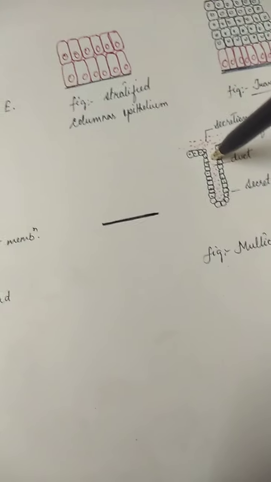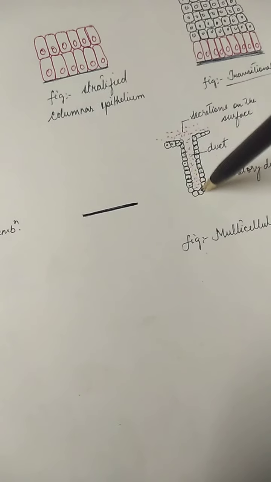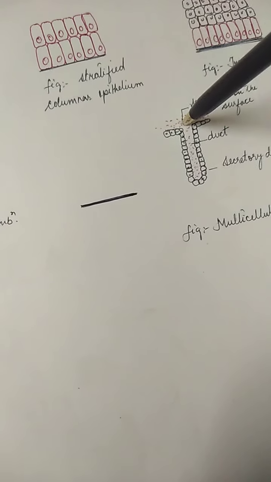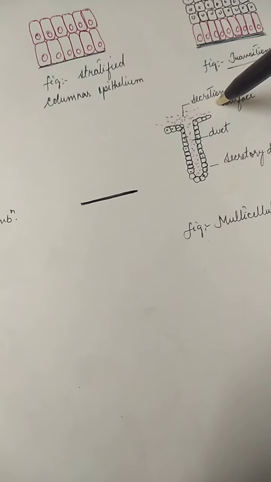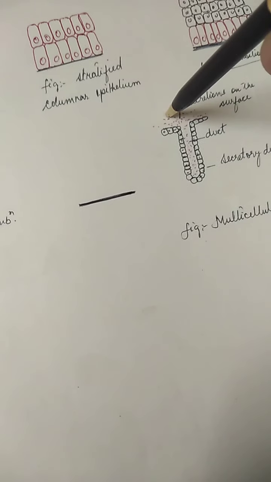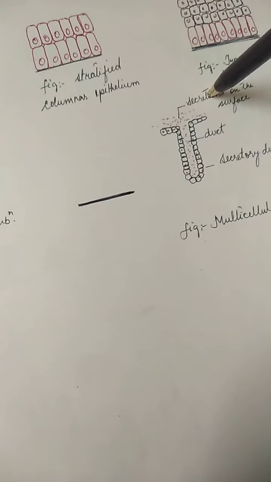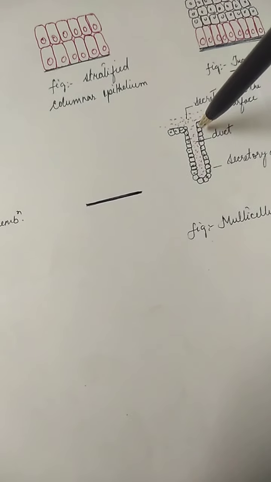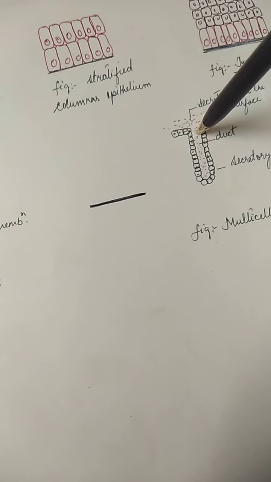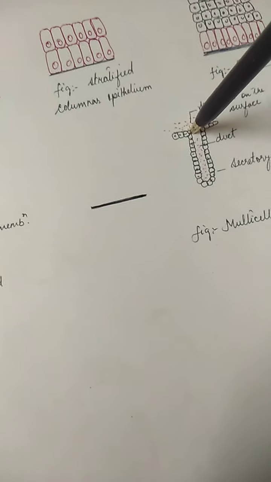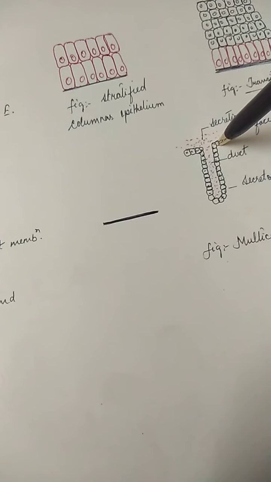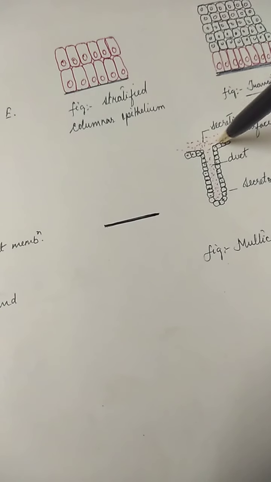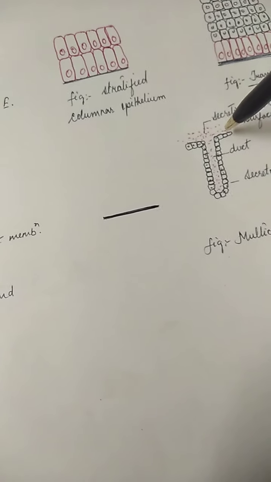They also secrete enzymes for digestion purposes or for any other metabolic reactions. Some glands are modified to release hormones. Hormones are very important because they control the different activities of our body.